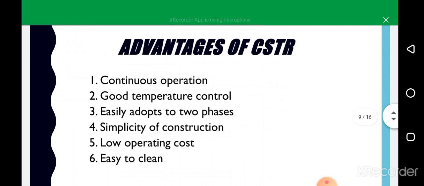Now the advantages of CSTR: it is continuous in operation, it has good temperature control, it is easily adapted to two phases, it has simplicity of construction, low operating cost, and it is easy to clean.